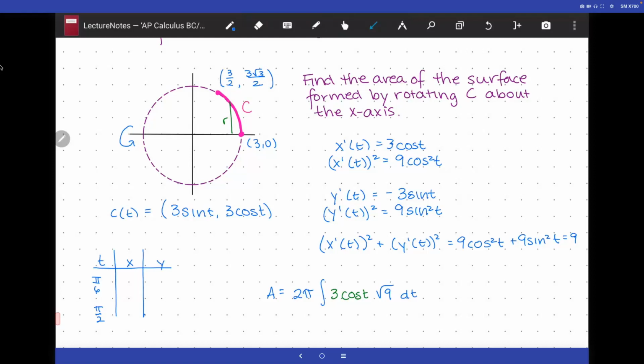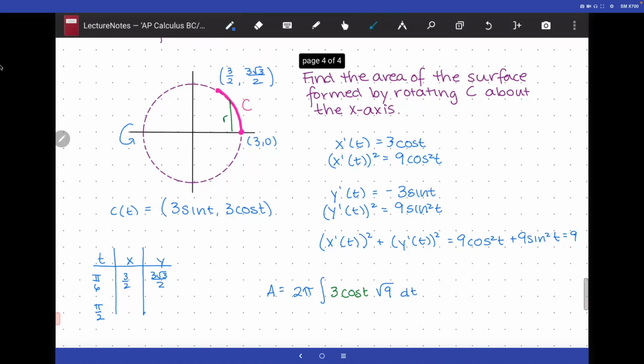But yeah, it's going to be pi over 6 to pi over 2, because sine of pi over 6 is 1/2, times 3 is 3/2. Cosine of pi over 6 is root 3 over 2, and 3 times that is 3 root 3 over 2. So that gives us this point here. And then pi over 2 will give us the (3, 0) that we need.